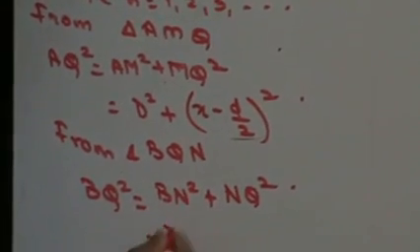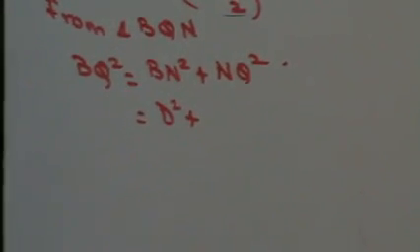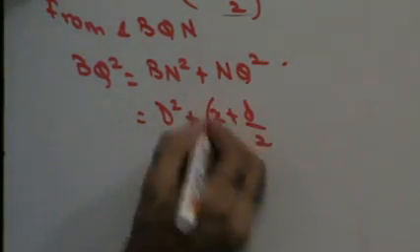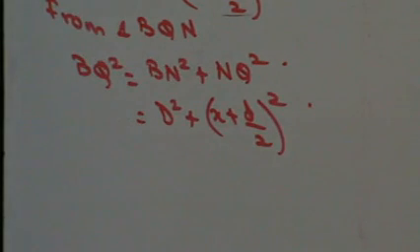So this is going to be D square plus NQ, which is nothing but NP plus PQ, which is going to be (x + d/2) the whole square.